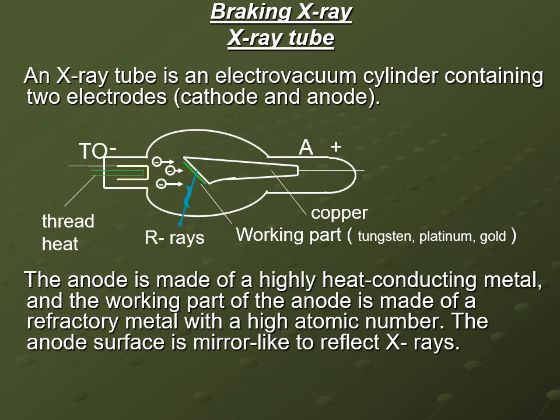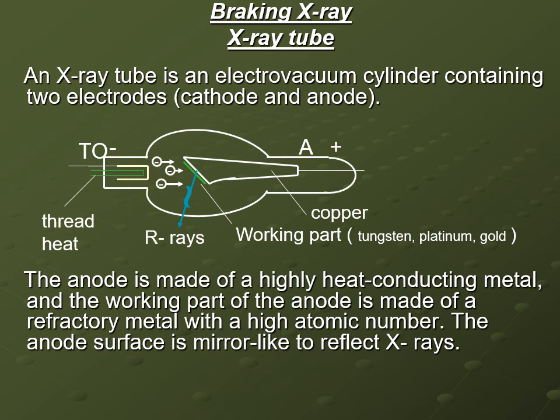Depending on the X-ray tube and where it is used, it is from 20 kilovolts minimum to 150 kilovolts. In other words, our electrons must accelerate, and as they accelerate, they acquire kinetic energy.